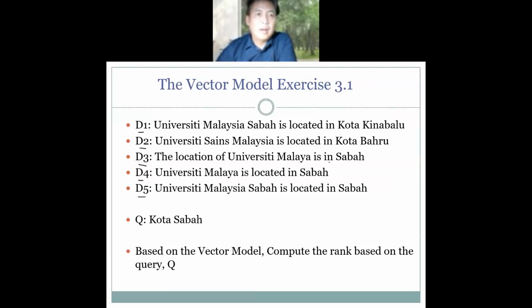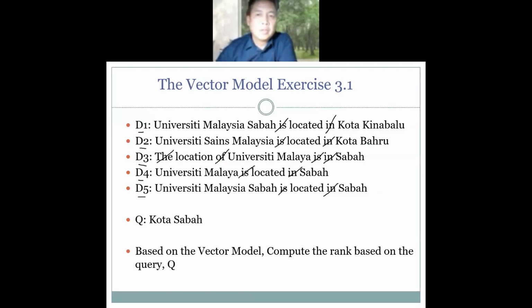When you try to finalize the vocabulary, we ignore this. This is a stop word. So we don't need this one, this one, this one, and also this one, because they are stop words.